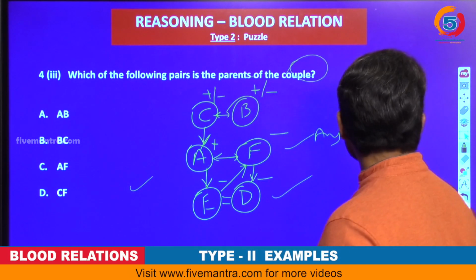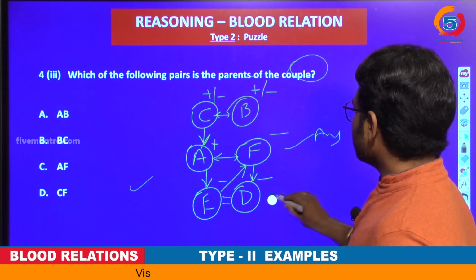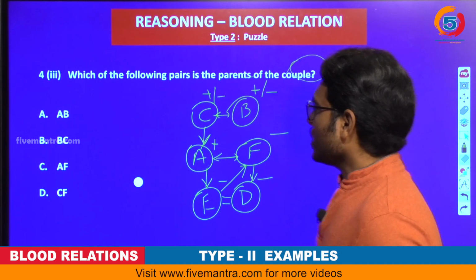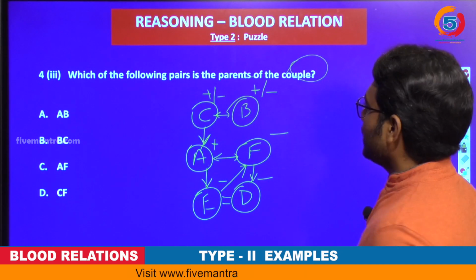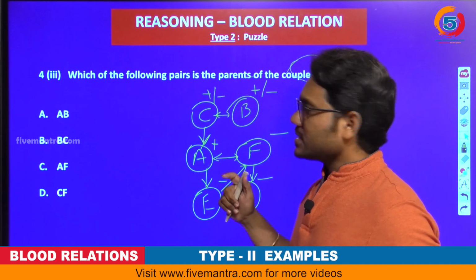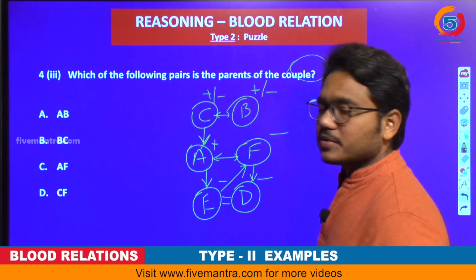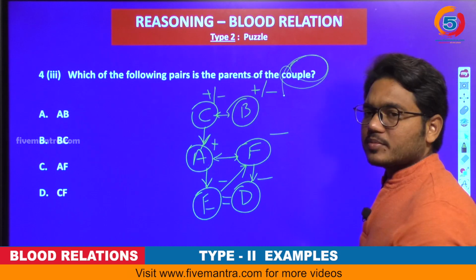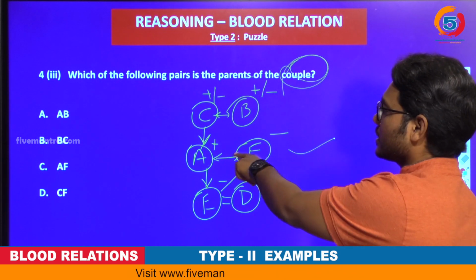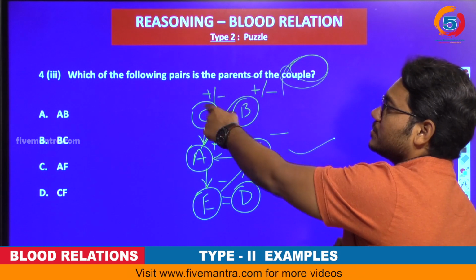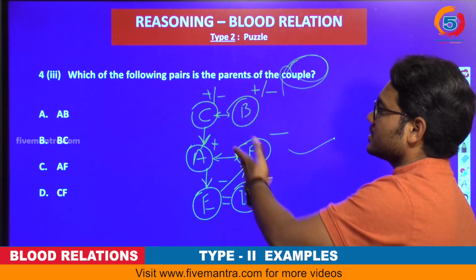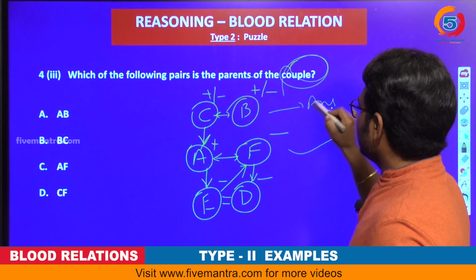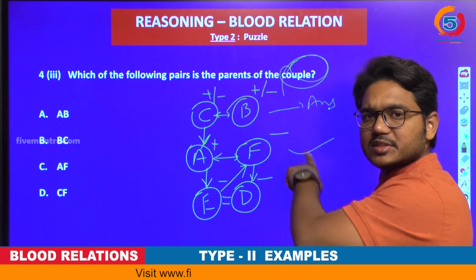Another extension of this particular question is given. What is asked here? Which of the following pairs is the parents of the couple? Now, our point here is the couple. So identify the couple. For the couple, which of the following pairs is the parents? So obviously the parents are C and B. This will be the answer.